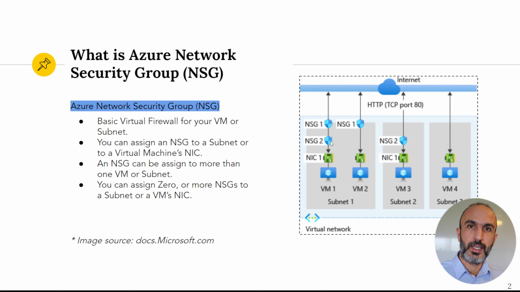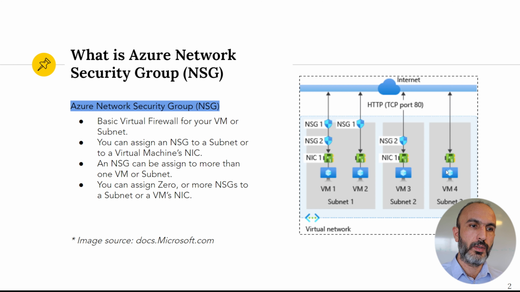You could also assign the same NSG to more than one machine or resource if they have the same network security rules. For example, in this case, we've got NSG2 assigned both to VM1 and to VM3 because they have the same security policies. It doesn't matter that VM1 and VM3 are in different subnets. You could still use it.